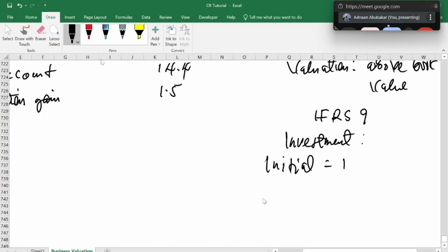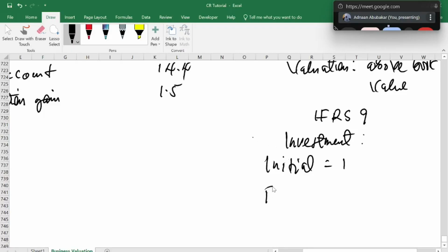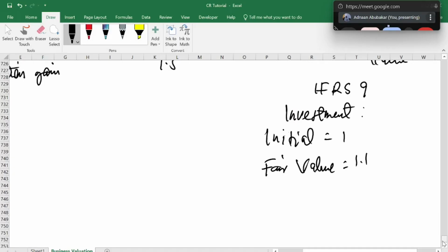And they said that later on, the fair value of the asset has now moved to 1.1 million. So here, is it gain or loss? This is a gain. This is called fair value movement, you understand?